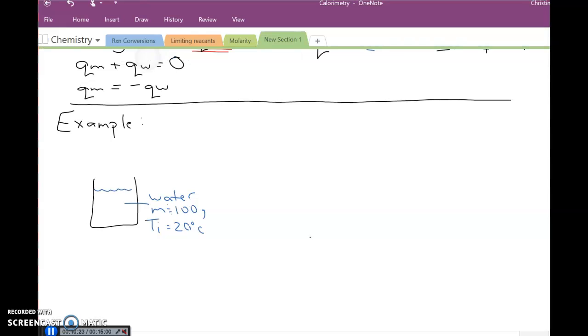And we have a little block of metal. And our metal is hot.